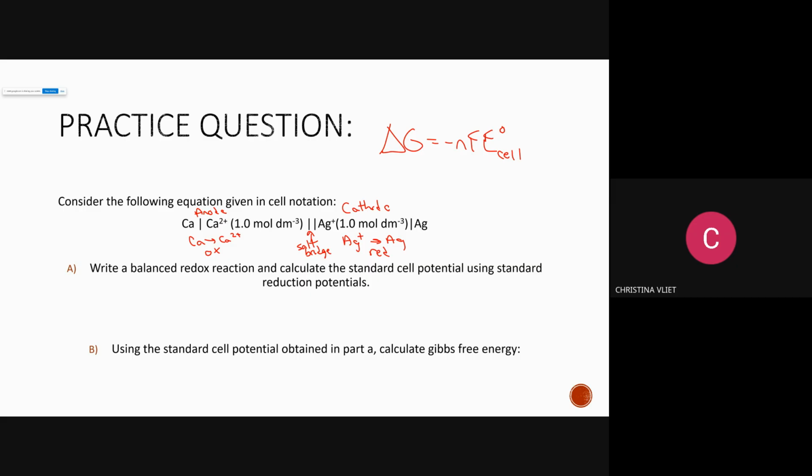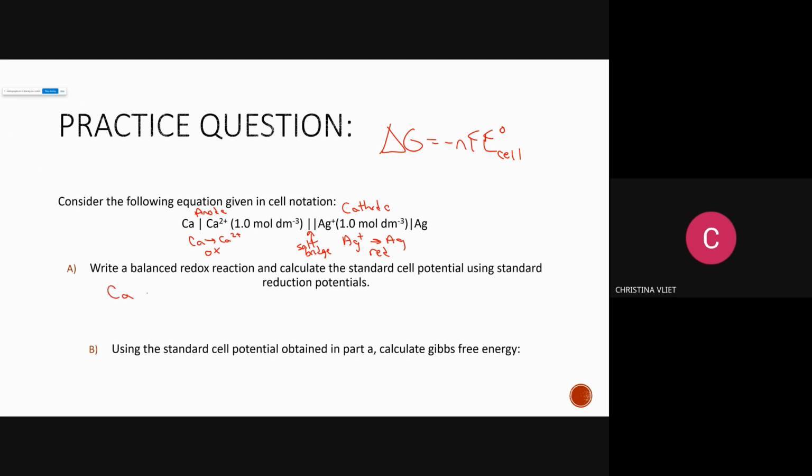So it's always anode to cathode. And then it would always be left to right if written in this way, the electron flow. So they first ask you to write the balanced redox reaction between these two and calculate the standard cell potential using standard reduction potential. So given in this way, I think it's actually easier to write the balanced redox reaction because they're telling you what's being oxidized and what's being reduced in what order.